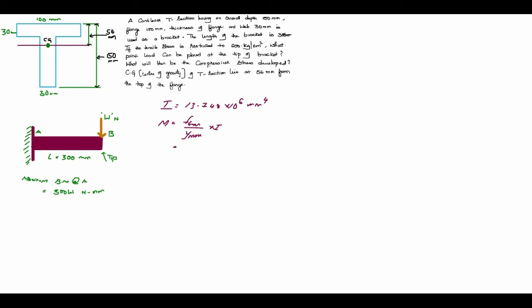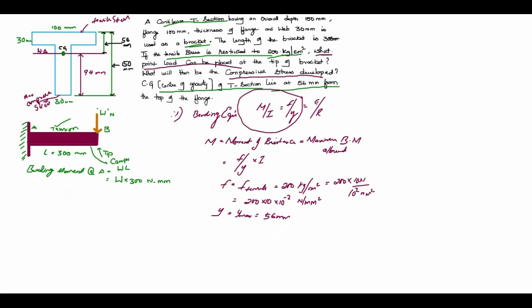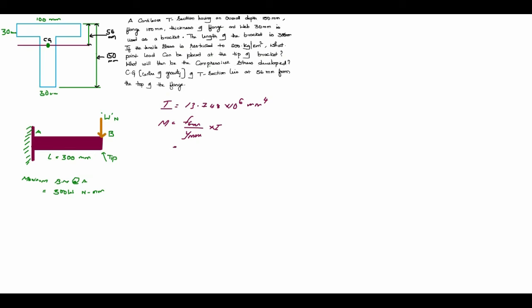What is F? 200 into 10 into 10 to the power of minus 2, divided by Y max, which is equals to 56, into 13.748 into 10 to the power of 6 mm power 4, which gives around 4.91 into 10 to the power of 6 Newton mm.